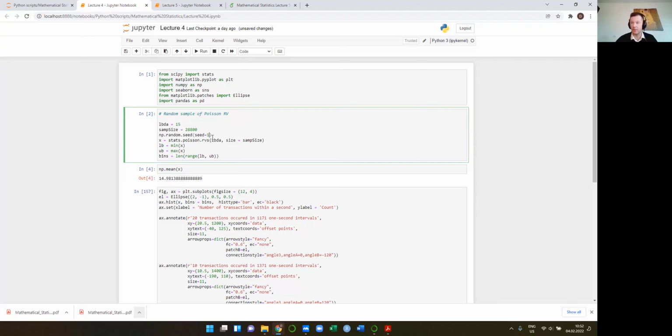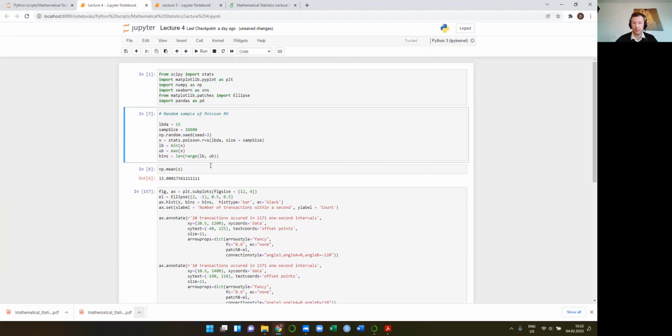Now look, if I draw another sample and calculate the mean, I have another shot, right? With another shot, I get another result, 15.0. Okay, nice.